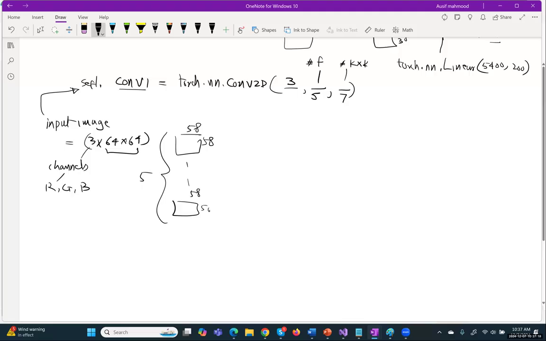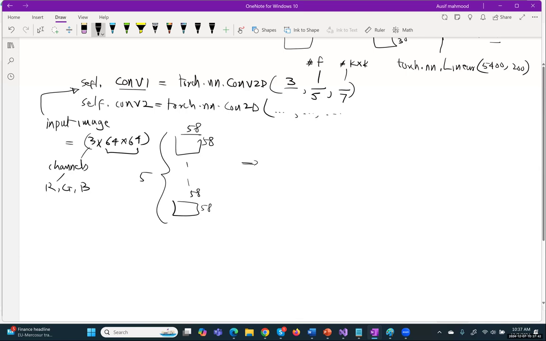Suppose now I wanted to pass it through one more convolution layer, and we created self.conv2 equal to torch.nn.Conv2d. Now the question is, what will be the first number over here?